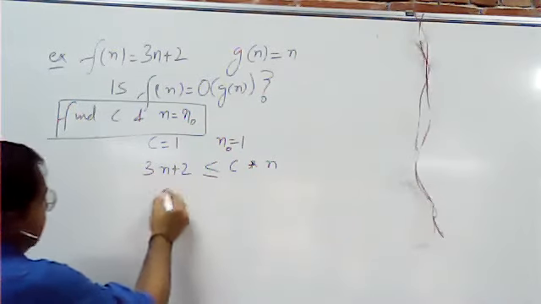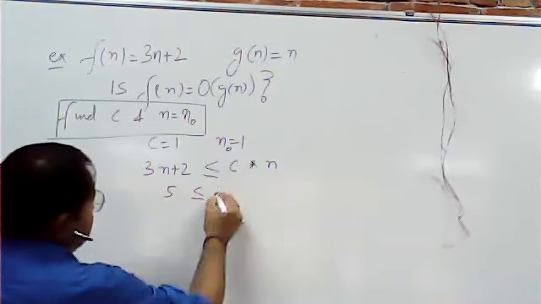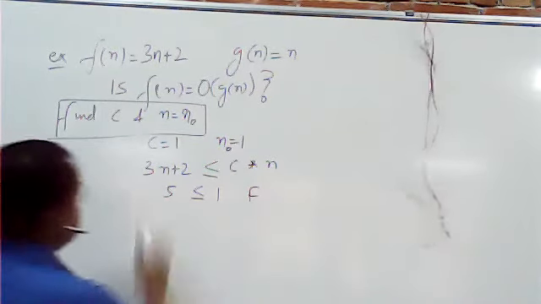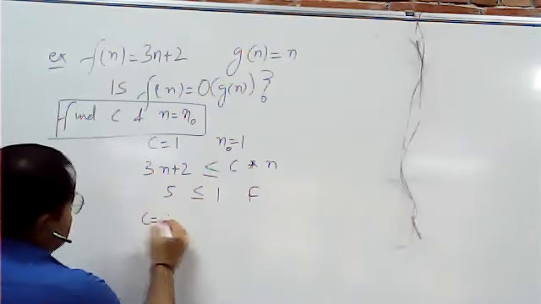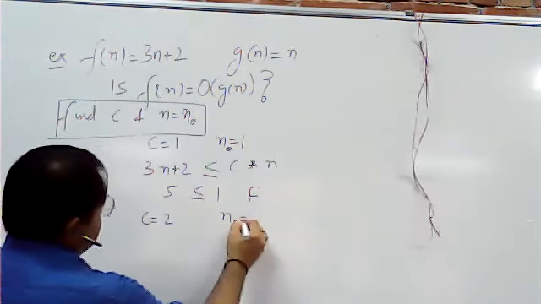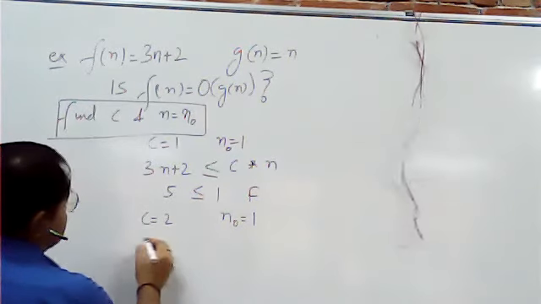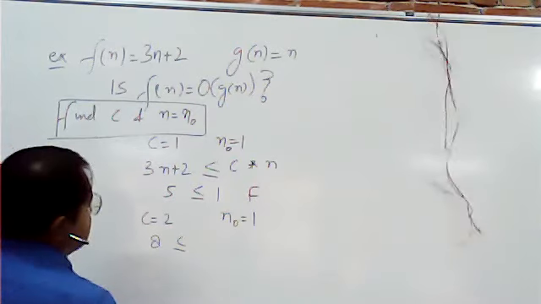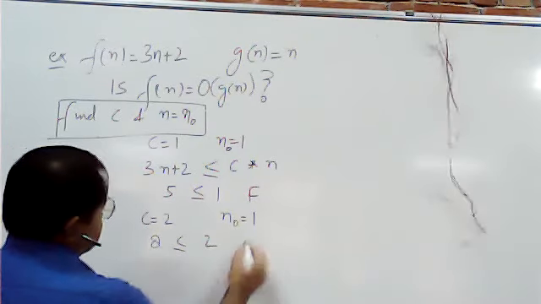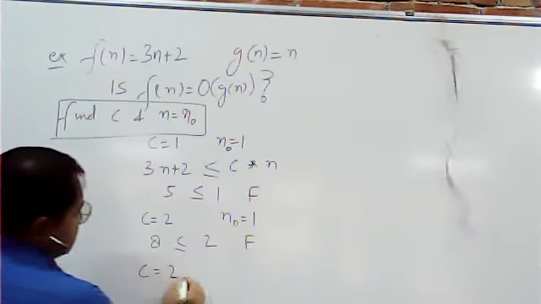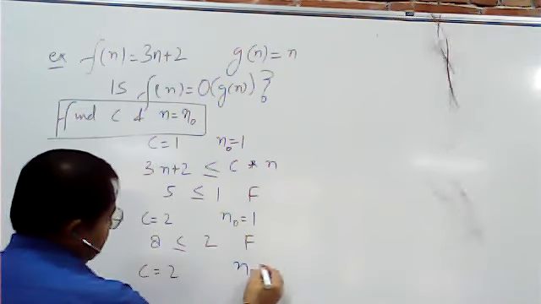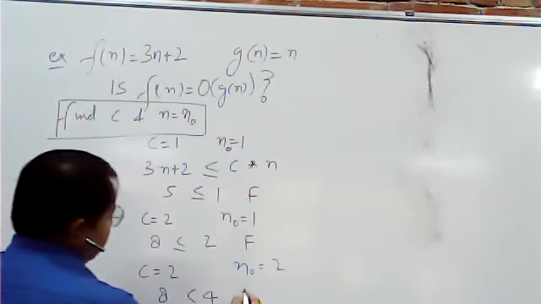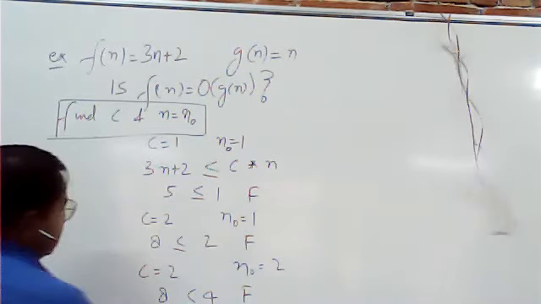When we put 1 here, we get 5 less than or equal to 1. So this condition is false. Again we take input size equal to 2 and C equal to 1. Let's check. So we have now 8 less than or equal to 2. False. Suppose constant is equal to 2 and n naught is equal to 2. So this is 8 less than or equal to 4. Again false.